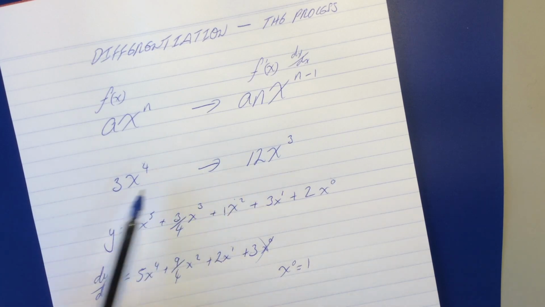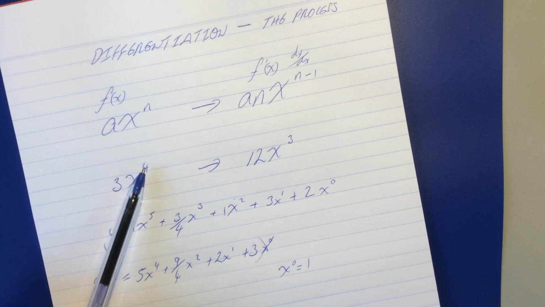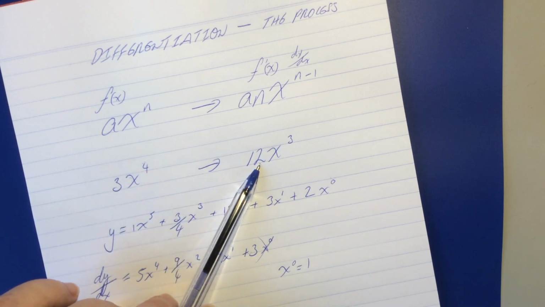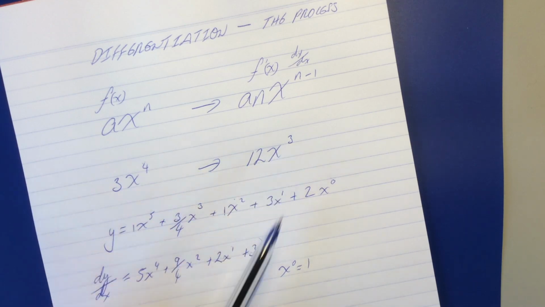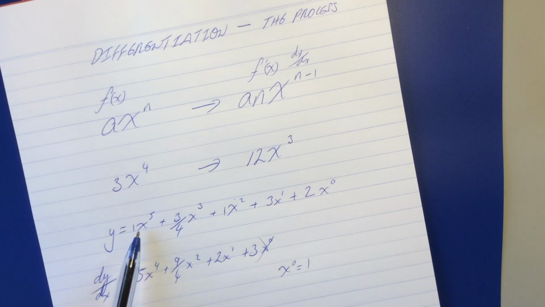And here's a practical, simple example. 3 times 4 is 12. 4 minus 1 is 3. And what I've done here, which you can choose to look at or ignore, is string a series of terms together and find their differential. Nothing could be simpler. In fact, very little could be more simple. This is a very straightforward process.